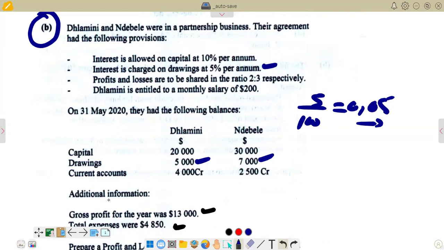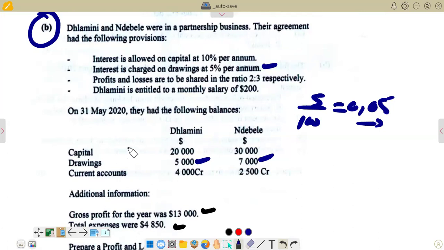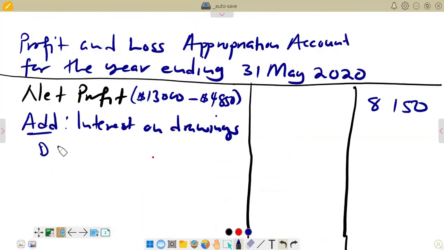So we start with Kamini, and in brackets I show the working, where 0.05 is our 5% as a decimal, and then we multiply by 5,000, the total drawings for Kamini.